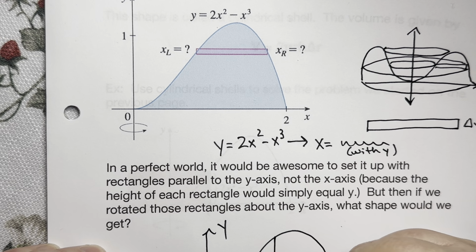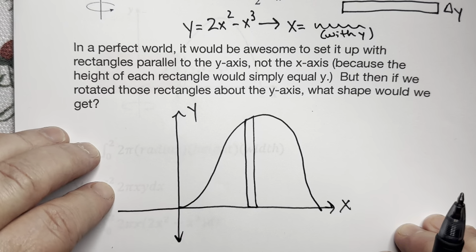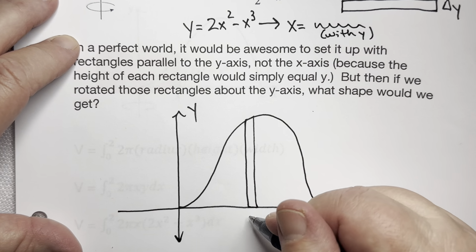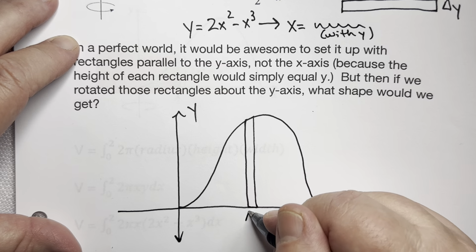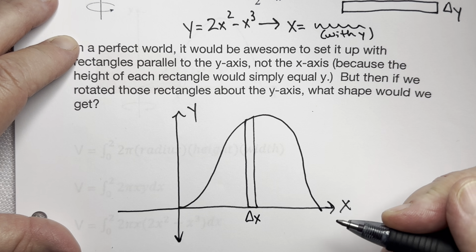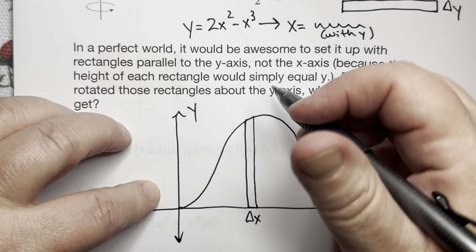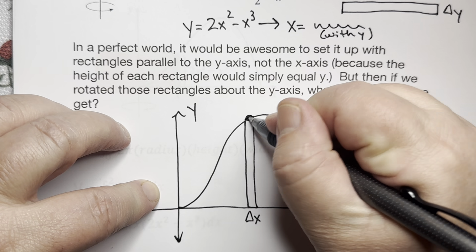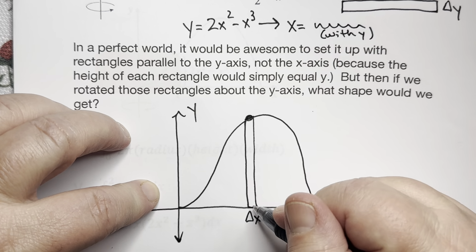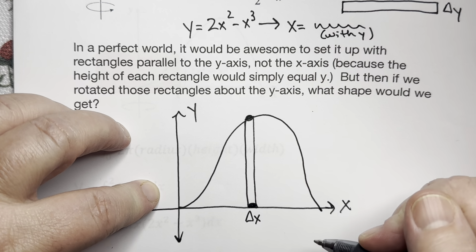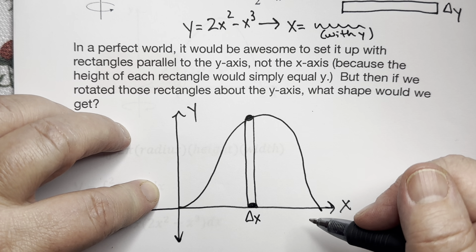And here's a picture of the cross section. Now, if I did a cross section like that, see the width there, that's delta x. And so the expression for this point and this point could be in terms of x, not in terms of y.